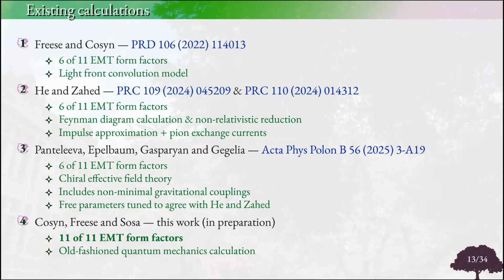So you get 6 remaining when you impose those constraints. There's one by me and Wim. There's one by Fangcheng He and Ismail Zahed. Another by Yulia Panteleeva and collaborators, and then there's the work I'm telling you about today by me, Wim, and Alan.